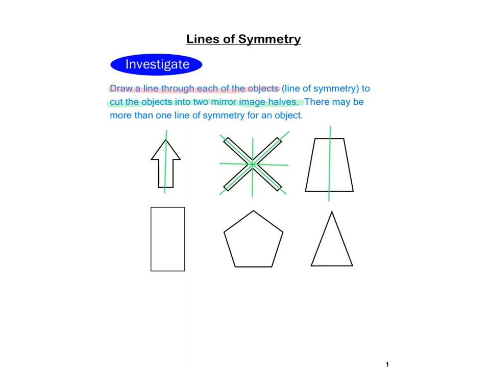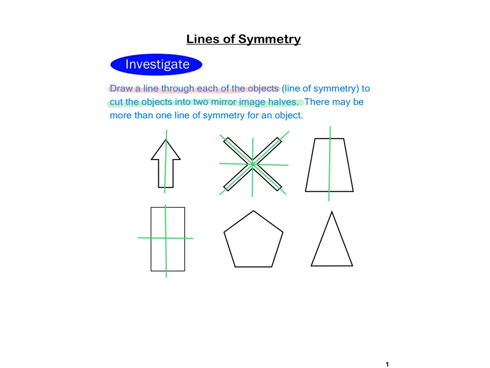How about the rectangle in the bottom left? How many lines of symmetry would be there? Well, we get a vertical one right here, and we get a horizontal one right here. The vertical one's a little off, but you get the idea. So there'd be 2 lines of symmetry for a rectangle.